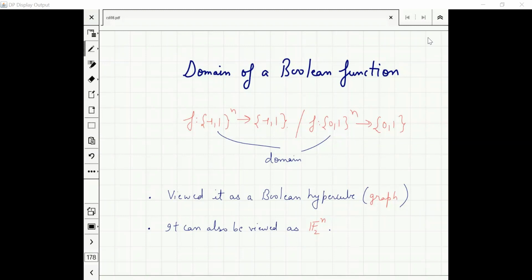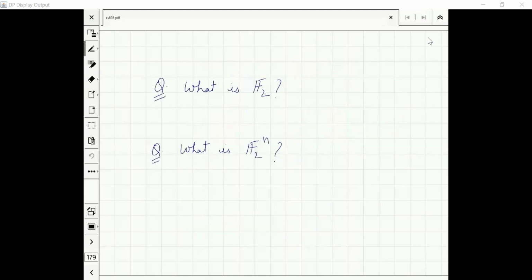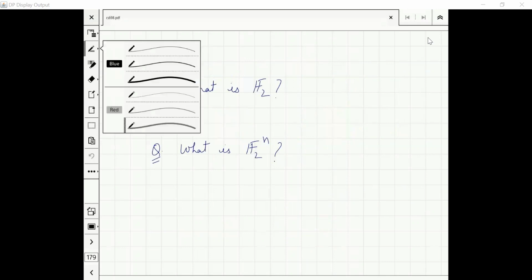Now we want to explore more structure of our domain. One way to represent this is F2 to the power n. And as soon as we start talking about this, the first question is, what is F2? Can someone tell me?